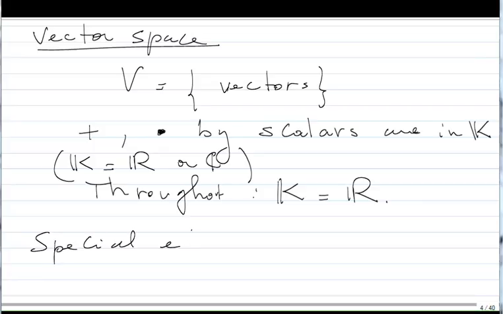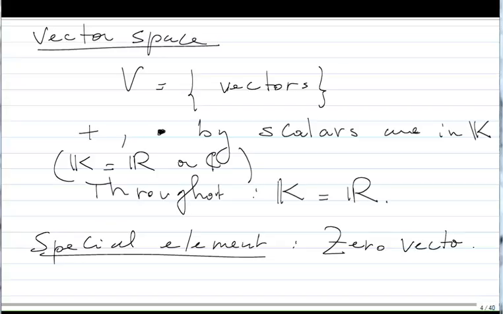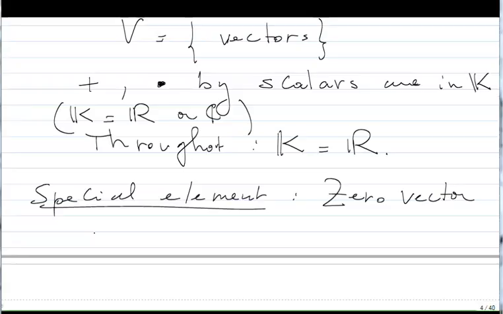Great. Of course, we have one special element that we need to pay attention to. The special element is the zero vector. So what's going to be the zero vector? Sometimes you will see 0 with an arrow, sometimes you will see 0 V, and sometimes a 0.